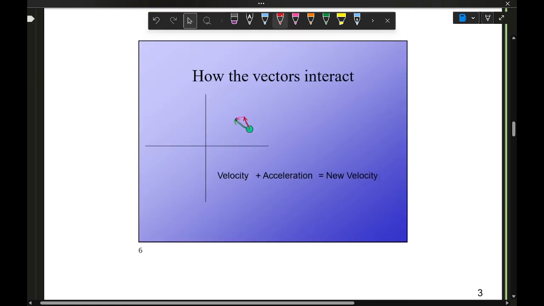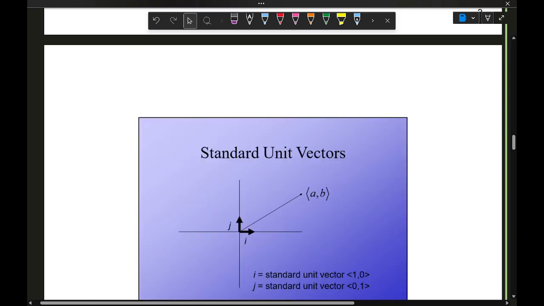And this would be the equivalent of saying that the velocity at some t equals the velocity at zero plus the integral from zero to t of a of u du. So just like saying that accumulation of acceleration over time.